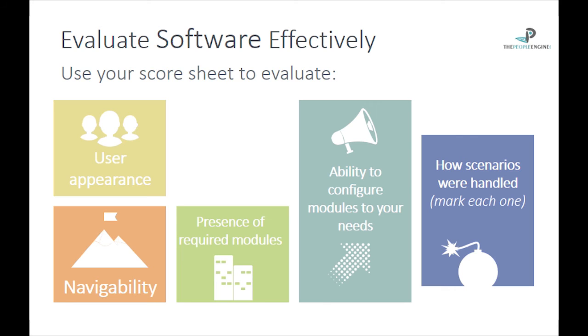The presence of the right modules is obviously essential. It all adds up to the points. The ability to configure the modules to your needs, probably the biggest of the lot. And then, how did the vendor handle the scenarios? Was it fully demonstrated, partially demonstrated, or they just completely missed the point, they couldn't do it, or whatever?